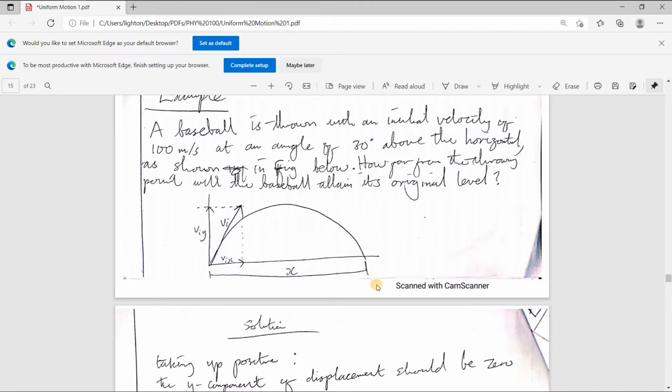It has gone up and come back to the same starting level. So we always take up as positive.